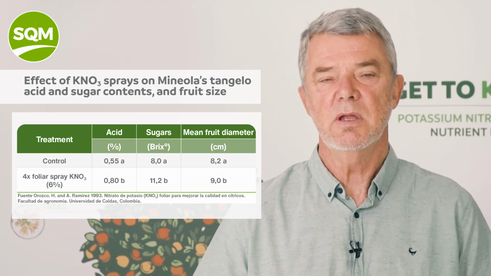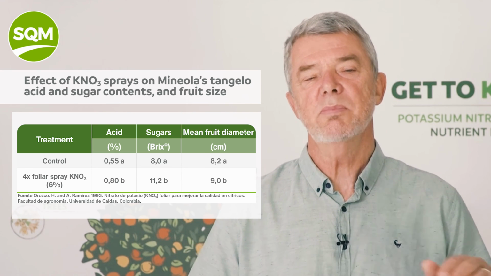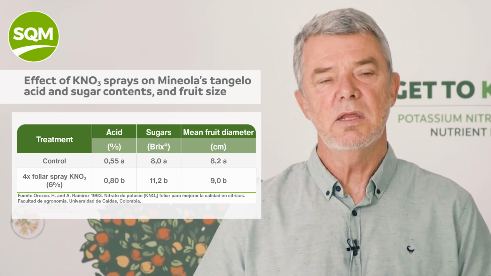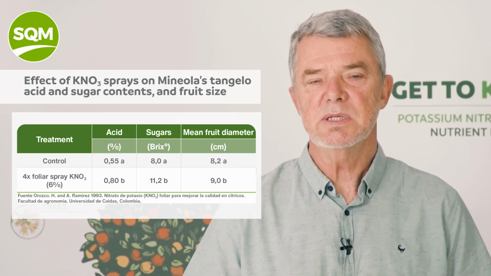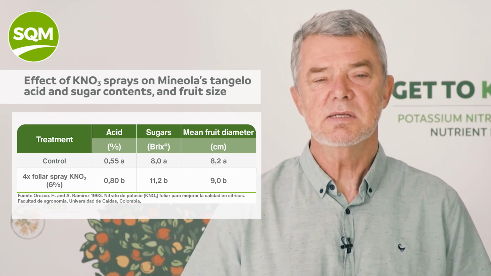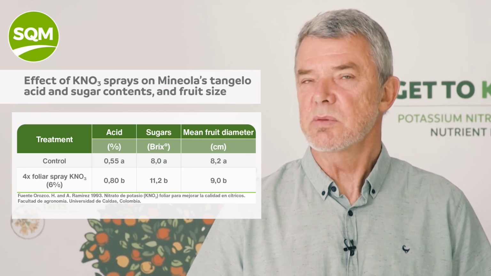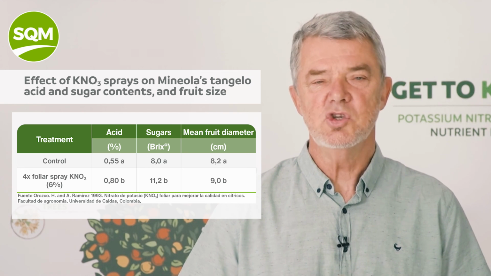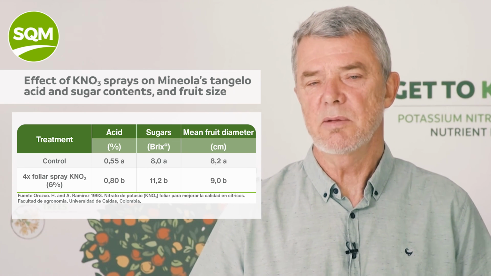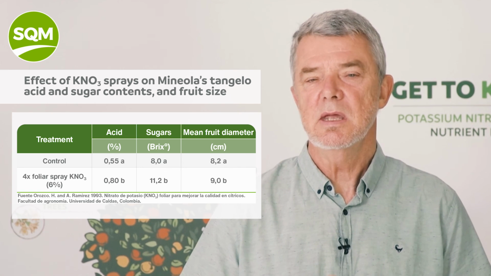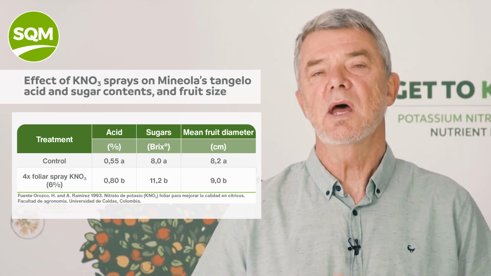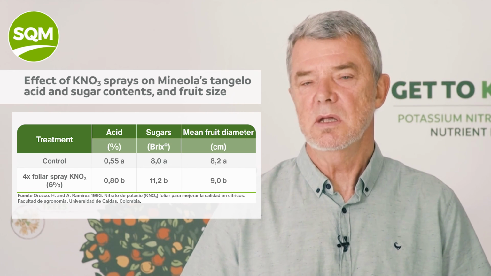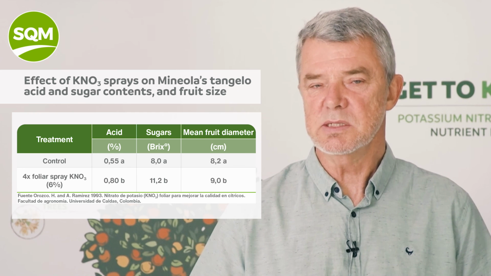So if you look at the table, you can see that the top line is the control, and the bottom line is 4 sprays of potassium nitrate, and the acid content increased with the potassium nitrate, and the sugar increased with potassium nitrate sprays, and the fruit diameter also increased with the potassium nitrate sprays.